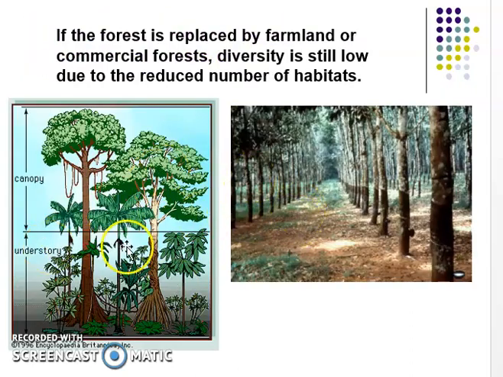So the diagram is just showing you, this is our normal forest to the left, where you can see you've got low-lying shrubs, you've got medium plants, you've got the much bigger taller trees. We've got layers, and organisms like to live at certain points. So we're going to have a hugely high species diversity in this one on the left. On the right, this is a farmed forest.